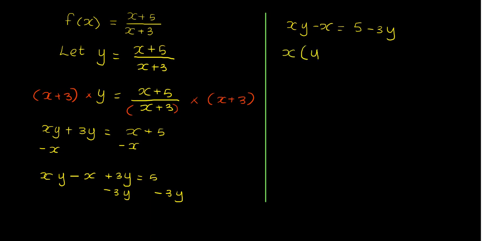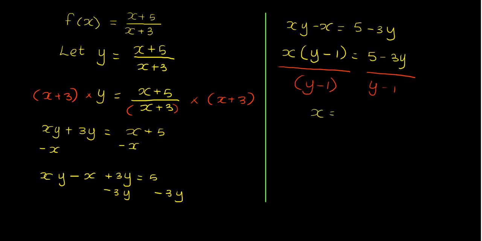So that'll be x brackets y minus 1 is equal to 5 minus 3y. In order to get x on its own, I divide both sides by y minus 1. So I end up with x is equal to 5 minus 3y divided by y minus 1.